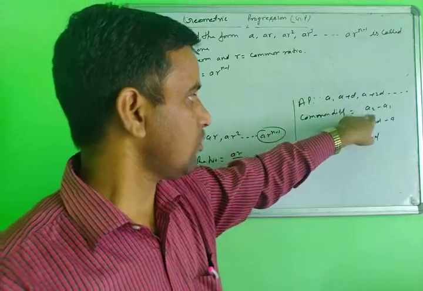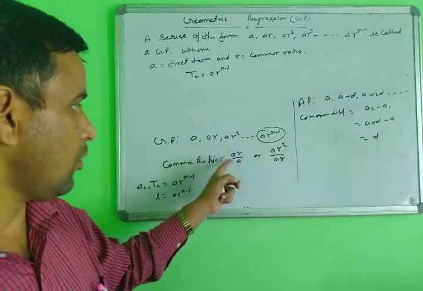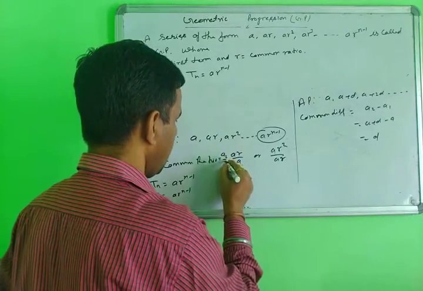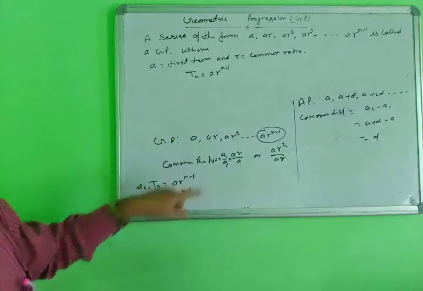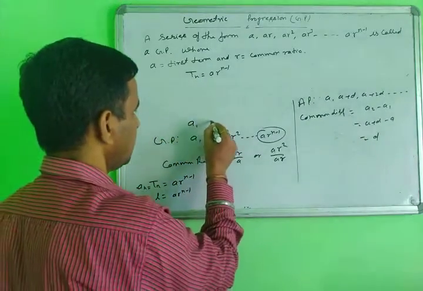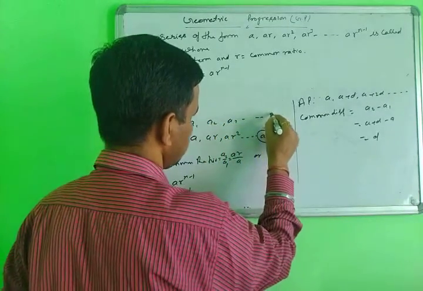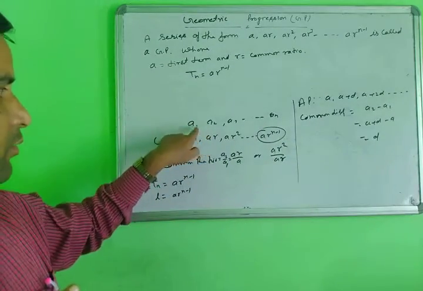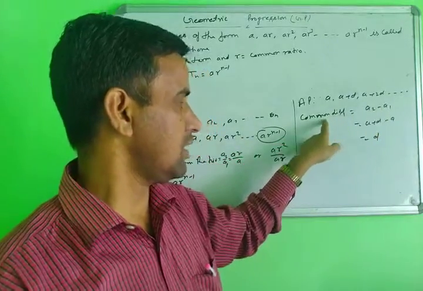A2 minus A1. Or how to find the common ratio? A2 upon A1. This is the general identity, where the general form is A1, A2, A3, up to An. A2 upon A1 is called the common ratio, or A2 minus A1 is called the common difference.